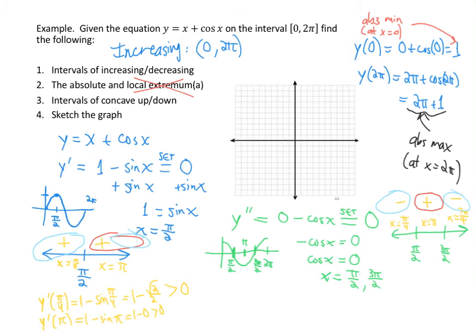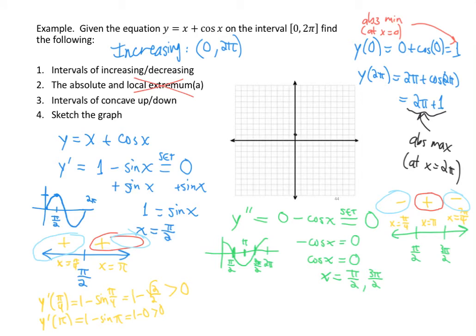Let's use this information to try to graph this function. Okay, we need some y values. Well, let's see. We have a couple of y values. We have that y of 0 is 1. We have the point 0, 1. And then we also have this other point when x is 2 pi, y is 2 pi plus 1.